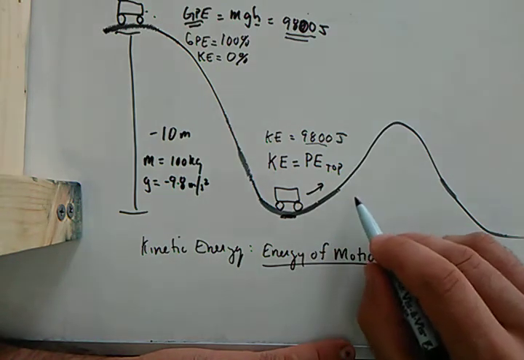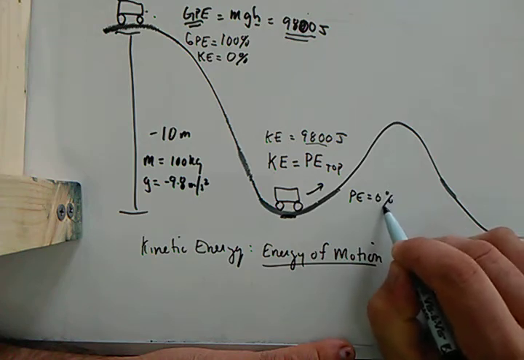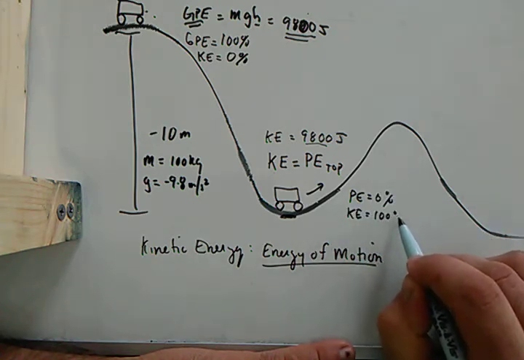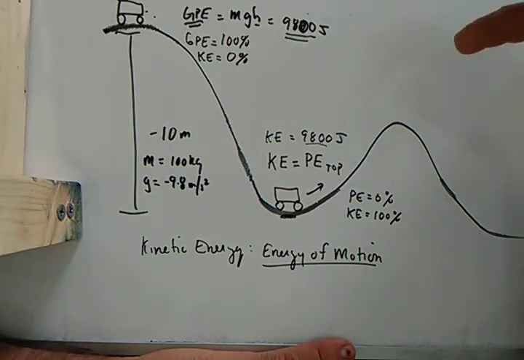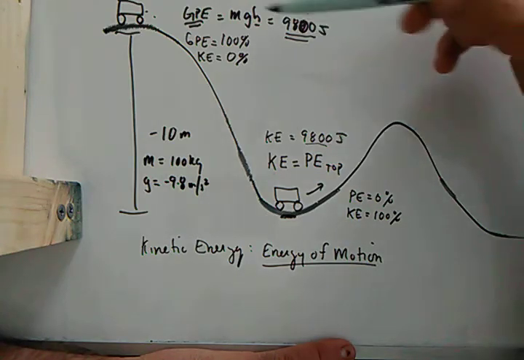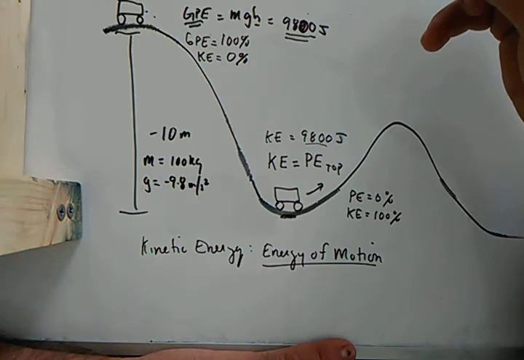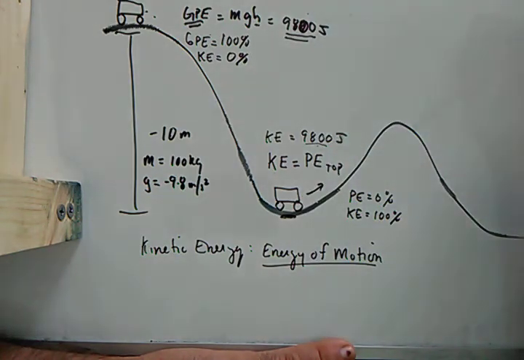At the bottom of the hill, potential energy is 0%. Kinetic energy is now 100%. Now, this kind of falls in line with our conservation principles. Remember when I said conservation principles mean that energy is not lost, it's just transferred? Well, look, it actually transfers from all gravitational to all kinetic at the bottom of the hill, which I think is pretty cool.